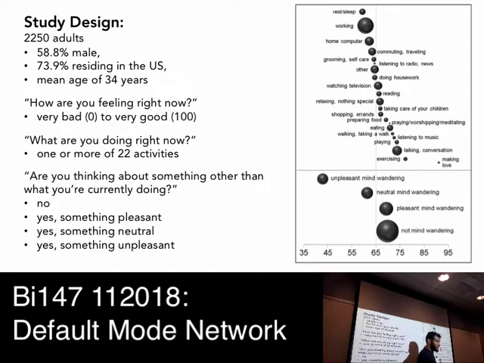They're on average a little bit less happy. And then listening to the radio, grooming, self-care, doing housework. These are all about average or less than average. And then there are other things: watching television, reading, relaxing, nothing special, shopping, praying, taking a walk, exercising.